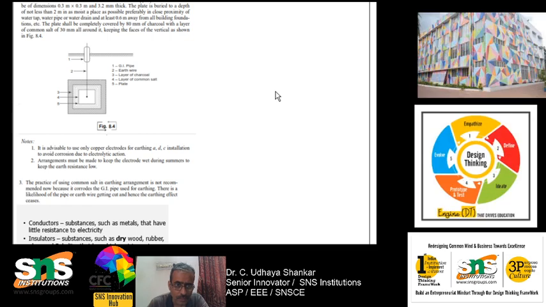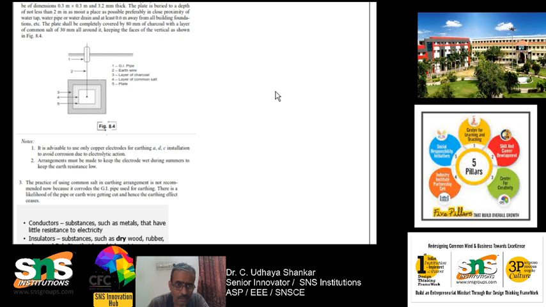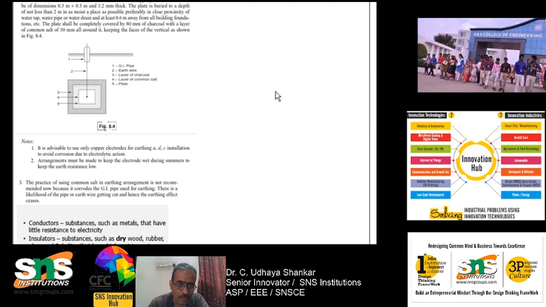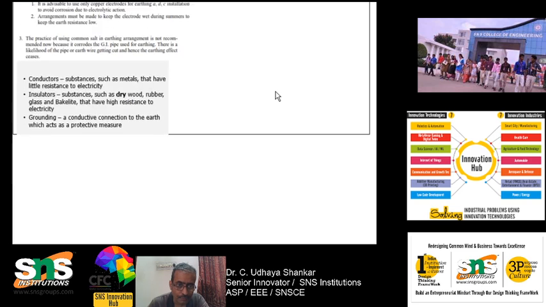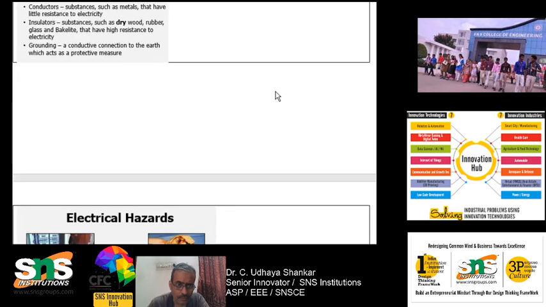The plate is buried to a depth of not less than 2 meter in a moist place in close proximity to the water tap or water pipe, and the plate shall be completely covered by 80 millimeter of charcoal, with a layer of common salt of 30 millimeter all around it. So these are the different things.